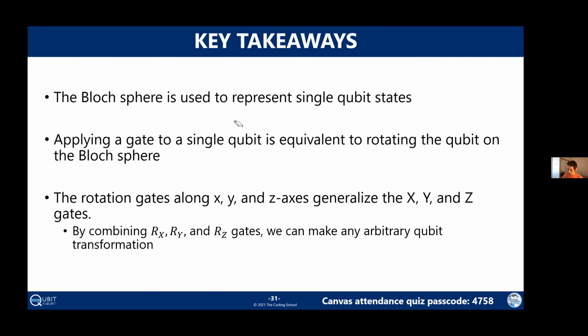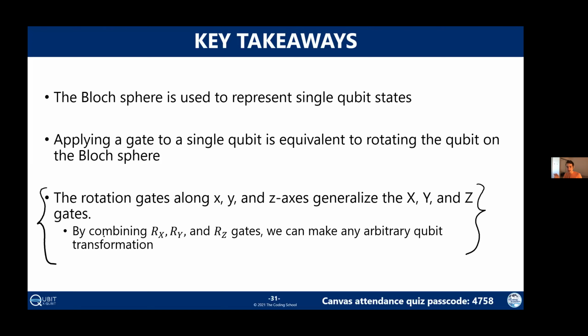Now, the final point here is not at all obvious, but it's really interesting. The rotation gates along the X, Y, and Z axes, that one's fine. What I really want to talk about is the second point here. By combining the Rx, Ry, and Rz gates, we can make any arbitrary qubit transformation. You can picture infinitely many different ways of rotating a sphere, right?